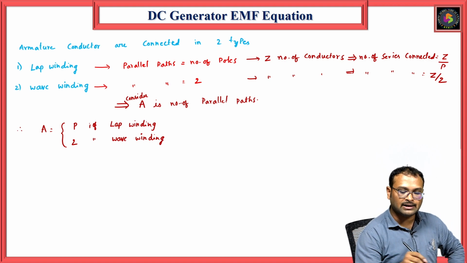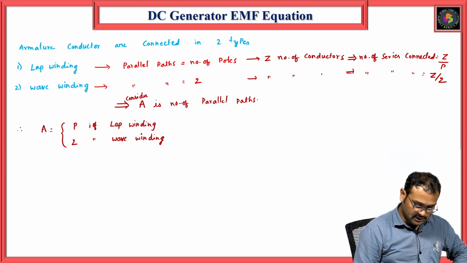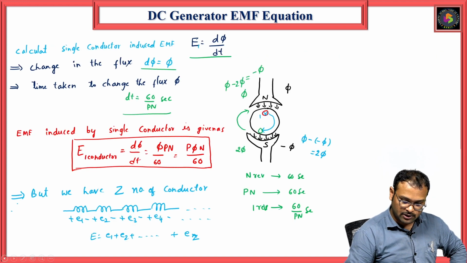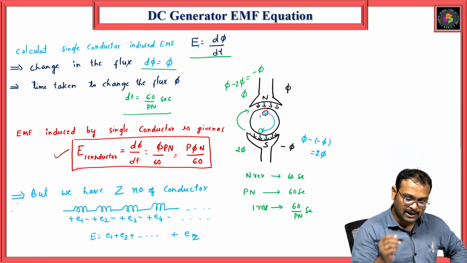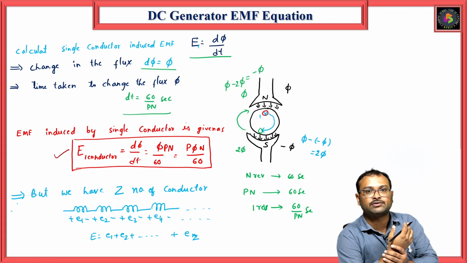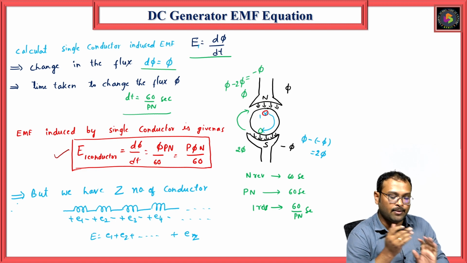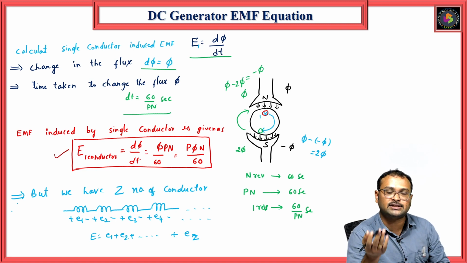Okay, so now we got clarity on how many conductors are connected in series. From the previous slide, we told that this is for one conductor. So how many conductors are connected in series? We consider that all the conductors induce equal EMF, because the same type of material is used. So we multiply with the number of series connected conductors.